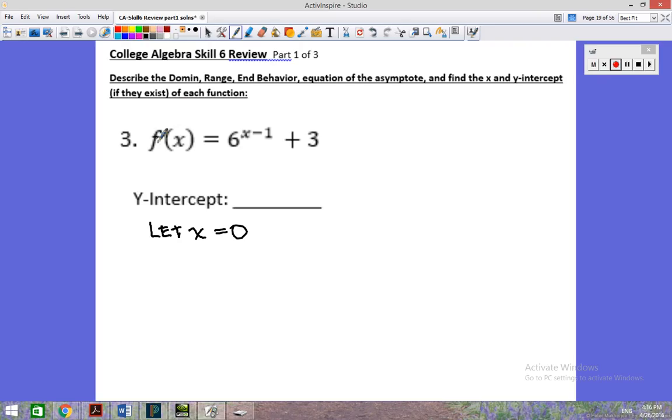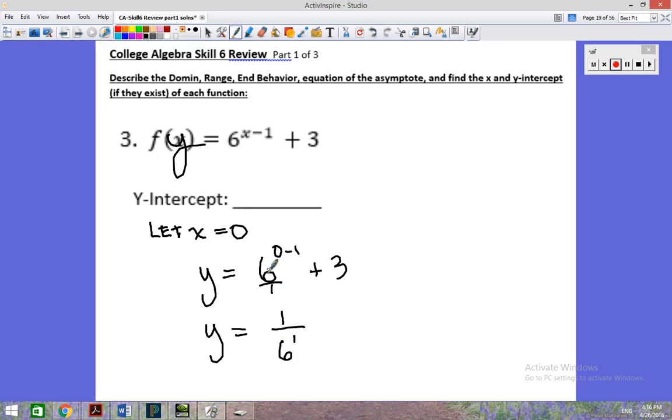If we just replace this function notation with the y value, we have y is equal to 6 to the x minus 1 plus 3. Replacing x with 0, we've got 0 minus 1, which is negative 1, and 6 raised to the negative 1 power will be 1 over 6 if you move that base down to the denominator. You're adding 3. So 1/6 plus 3 is the mixed number 3 and 1/6. So my y-intercept is 3 and 1/6.